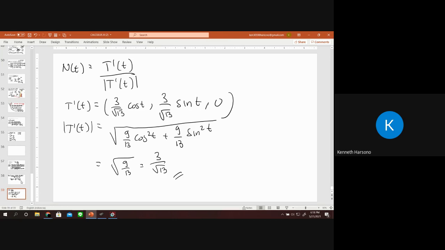So the unit normal vector here is 3 over square root of 13 cos t, 3 over square root of 13 sin t, 0, over 3 over square root of 13.